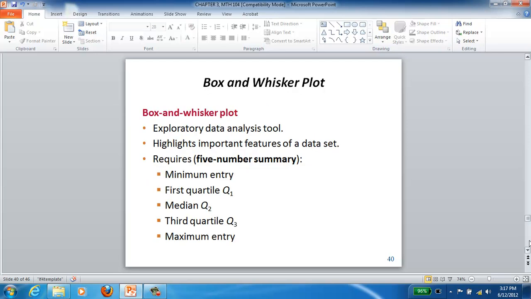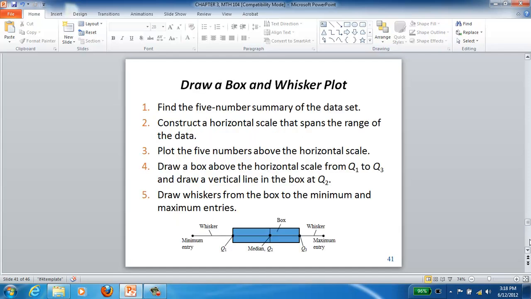The box and whisker plot is a box that is based on a 5-number summary. These 5 numbers are the minimum value, the first quartile, the second quartile, the third quartile, and the maximum. As you can see, the ends of the box have the first and the third quartile.